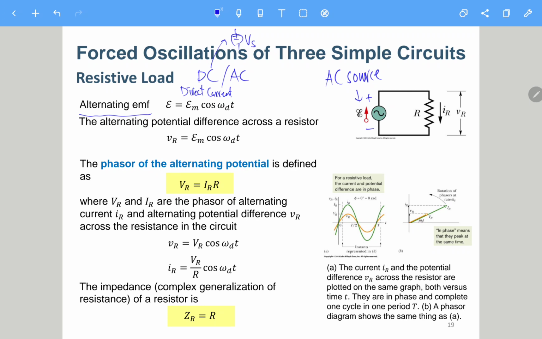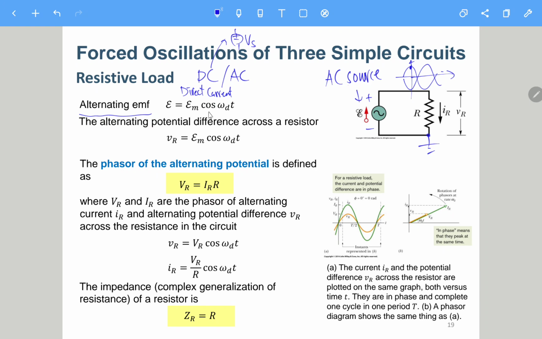But it's hard to define the polarity of a sinusoidal, because a sinusoidal goes from positive 1 to negative 1 back and forth. If you fix the time, you can say at this time this is positive and this is negative.